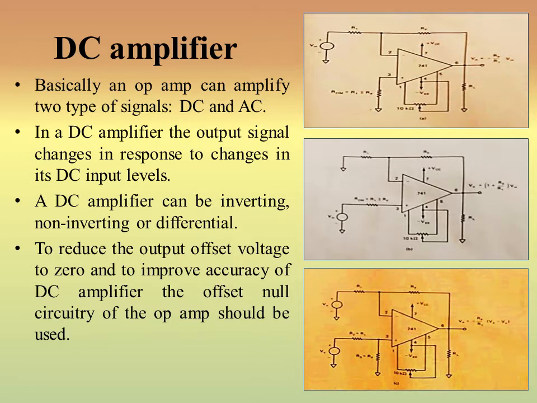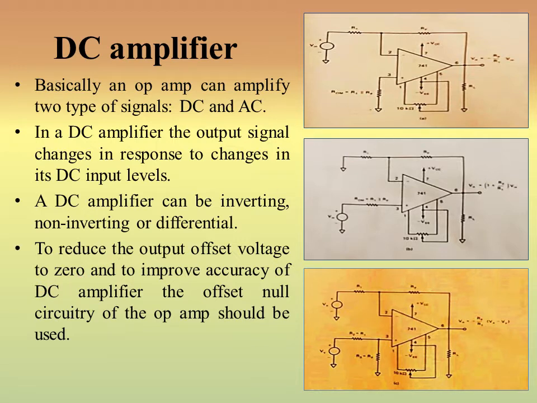Now here it should be remembered that it is very necessary for good amplification, and to improve the accuracy of the DC amplifier, that we reduce the output offset voltage to 0. Now how can this be obtained?